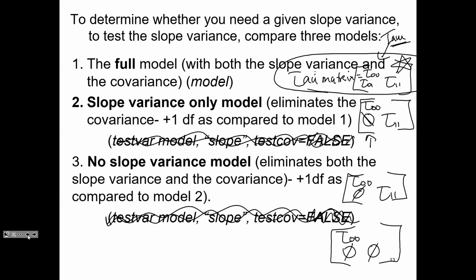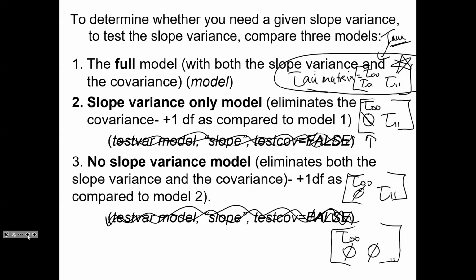Is everybody there? Does everybody understand that? So we've got a full model with slope variance, slope covariance, and intercept variance. We've got a no slope variance model, which eliminates both the slope variance and the slope covariance. So there's just an intercept variance.